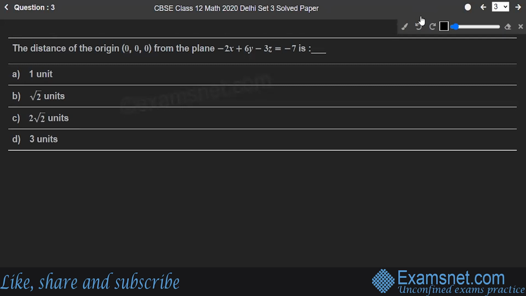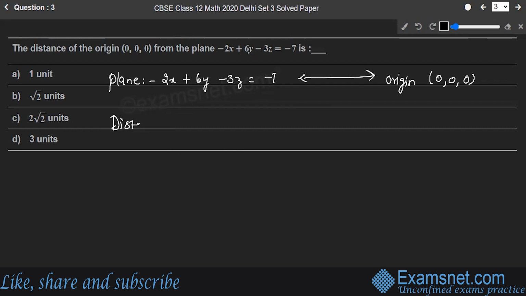Question number 3. The distance of the origin (0, 0, 0) from the plane minus 2x plus 6y minus 3z is equal to minus 7 is how many units? So, this is the plane, minus 2x plus 6y minus 3z is equal to minus 7. The distance between this plane and the origin is given by, first of all, let's write down the general equation for that.